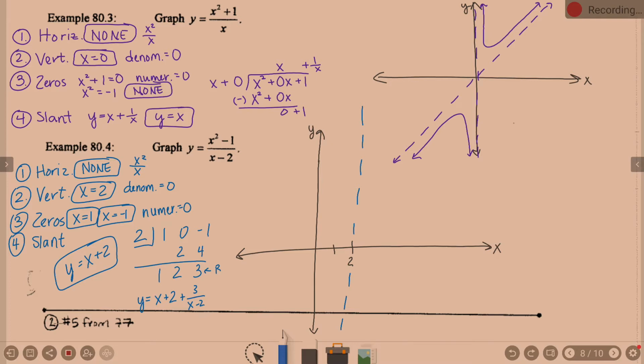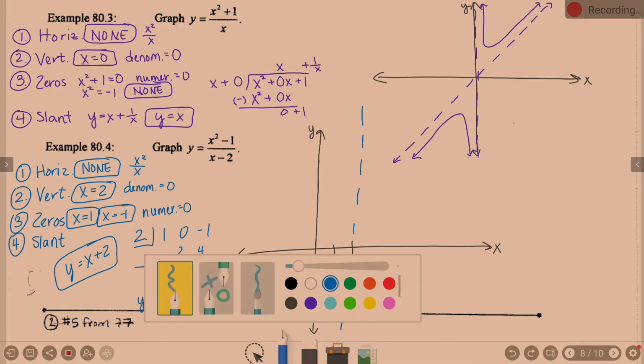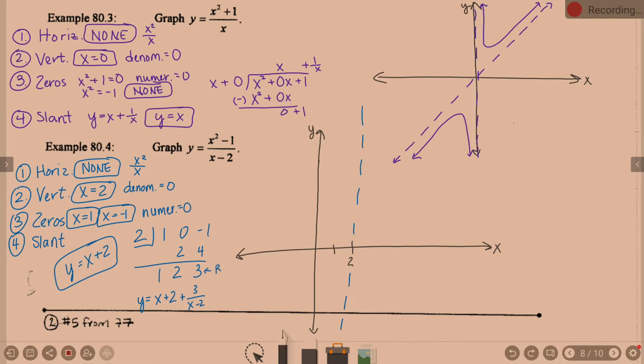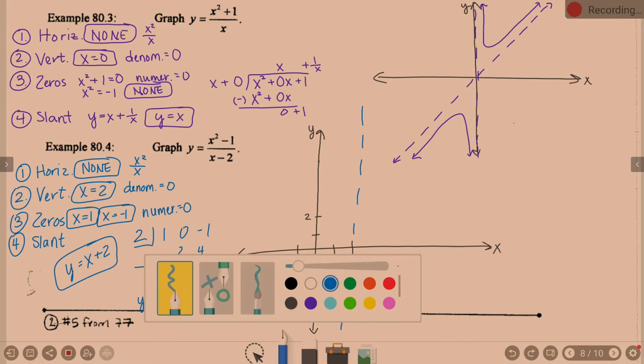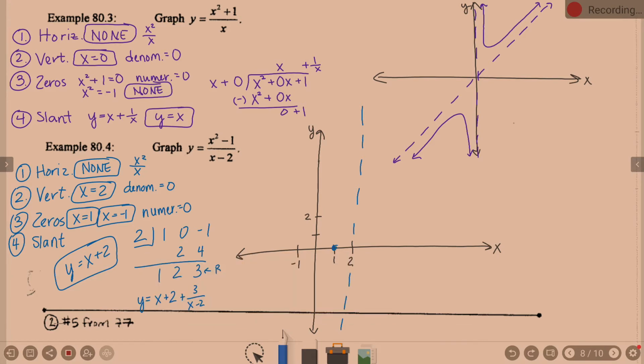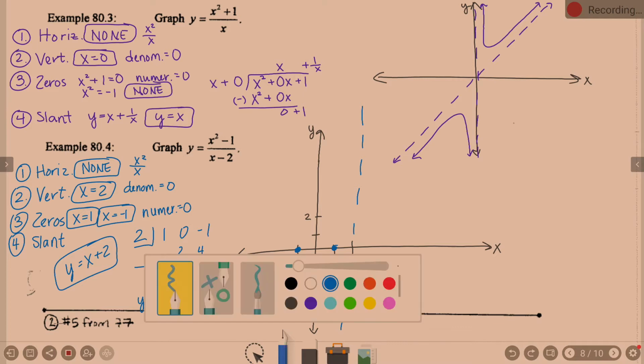And zeros at 1 and negative 1. So this is where I like to put my points here to remind myself to cross through it. And a slant asymptote at y equals x plus 2.